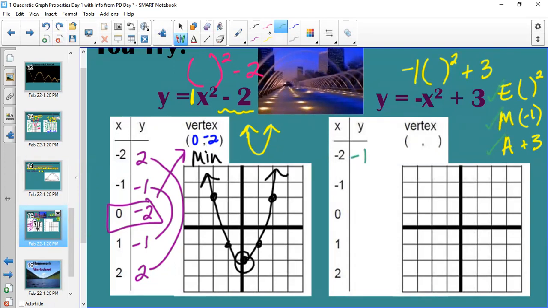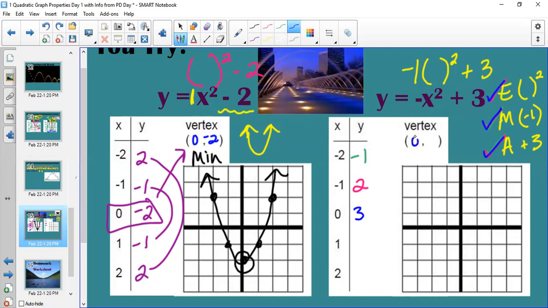All right, let's go through it again, this time with -1. So let's do exponents. -1 squared is 1. Multiply it by -1, we get -1. And we add 3 to get 2. Let's do 0. 0 squared is 0. Multiply it by -1, still 0. Add 3, we should get 3.